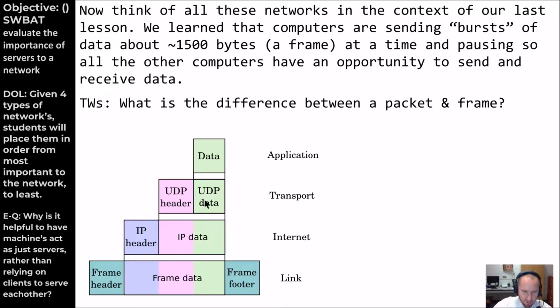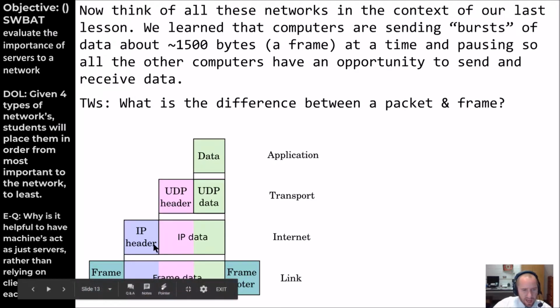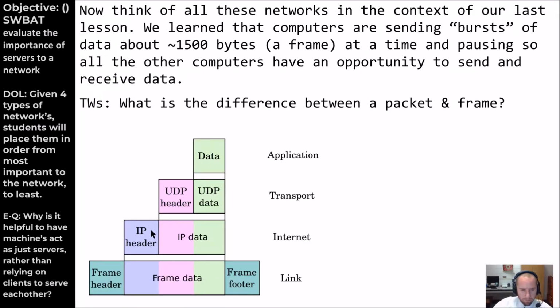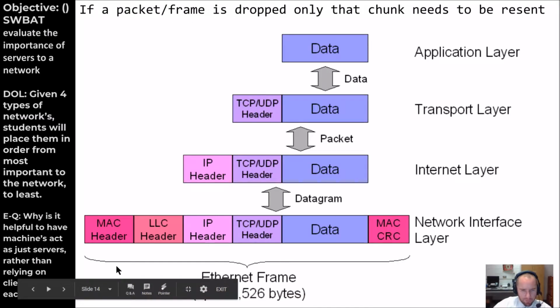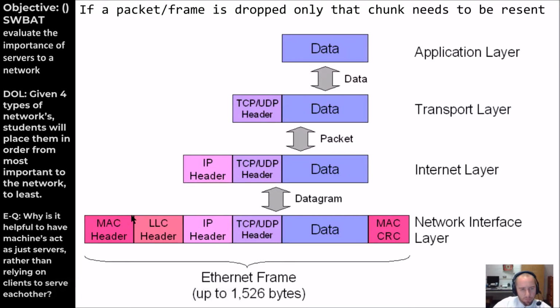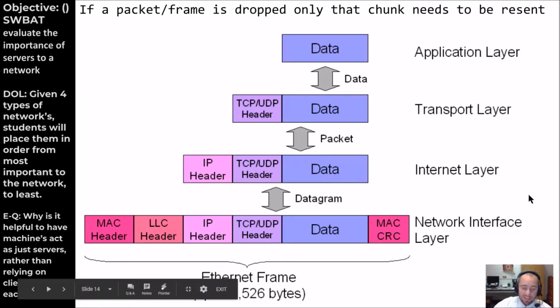So the data grows in that sense, and then you're going to have an IP header, so that's the IP address, the to and the from. And as it moves down, you're also going to add the MAC address, a part of that as well. And don't forget the CRC, a check to make sure everything's correct. This is how your data grows from small chunks to a very large, well, 1500 up to 1526 bytes.